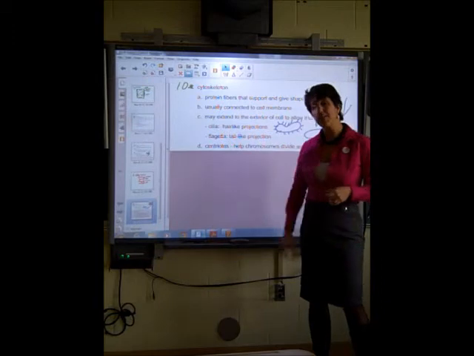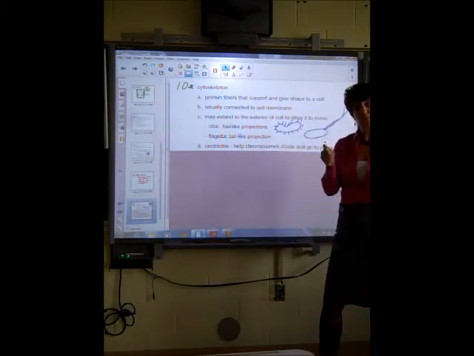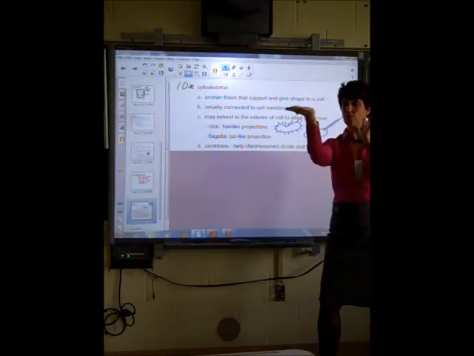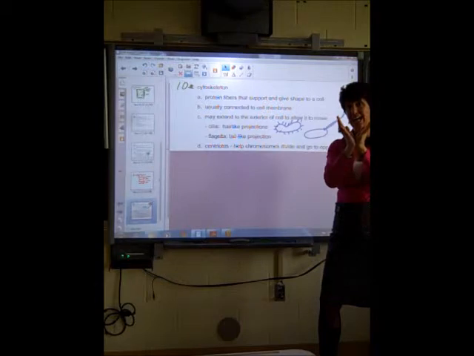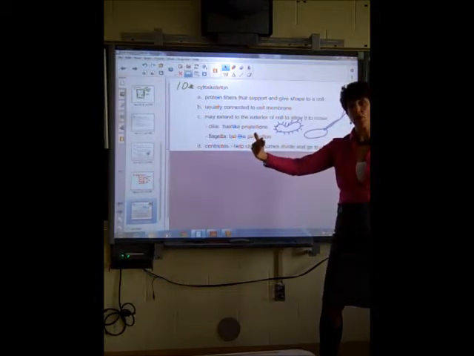Centrioles are another example of cytoskeleton. Centrioles help chromosomes split. When a cell is going to replicate, go through mitosis or meiosis, all of the chromosomes double first, and they look like this. One chromosome doubled looks like an X. We call them sister chromatids. Well, those sister chromatids are connected at a centromere, and they need to be separated to the opposite poles.